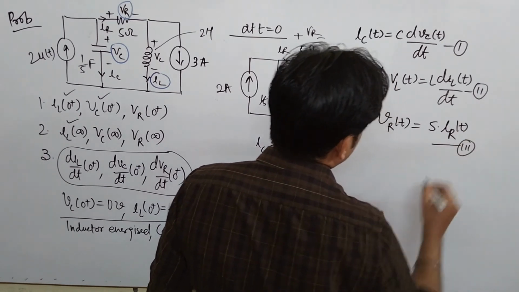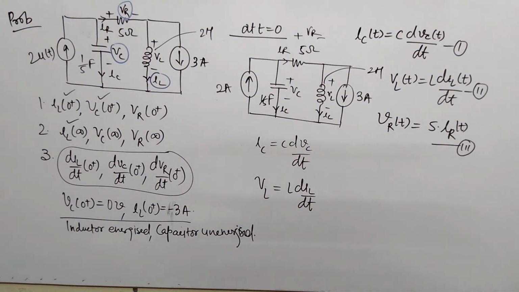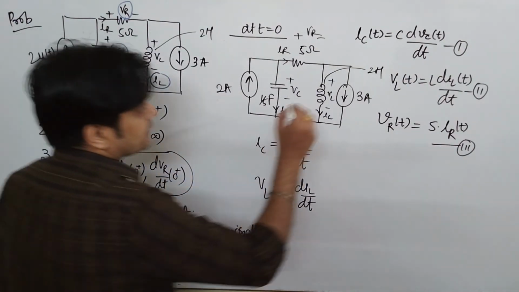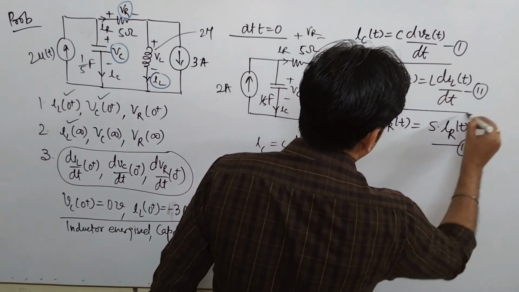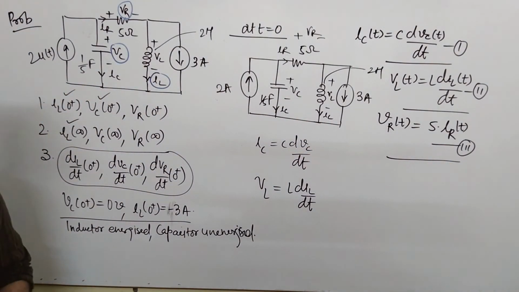Since we have to find the values at t equal to 0 positive, we write it that way. So these are the three conditions: 1, 2, and this is 3. Now with the help of these three, we will see how we find our solutions.